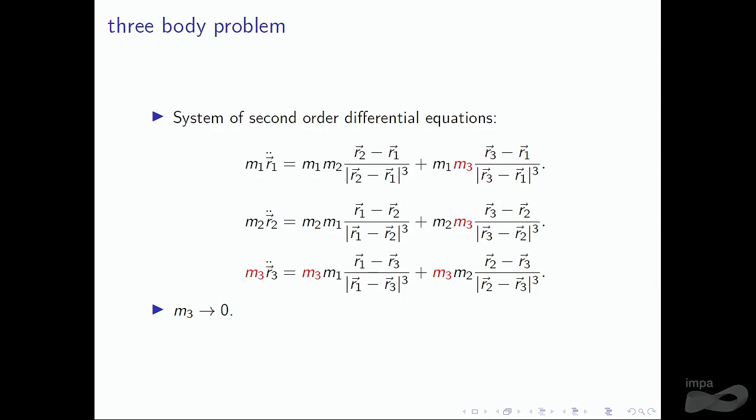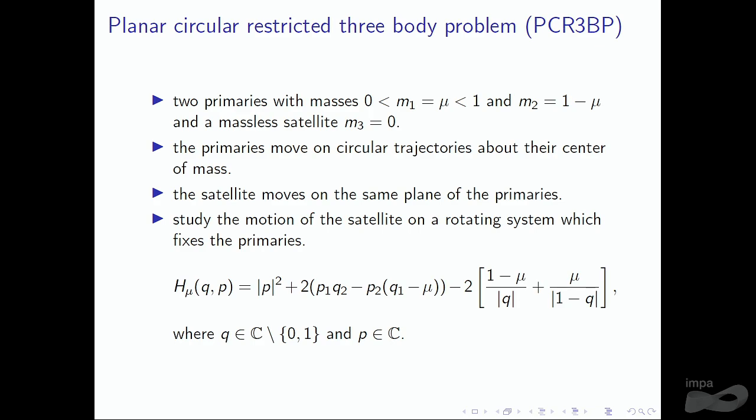So we use a rotating system which moves together with M1 and M2, in such a way that with respect to this rotating system, M1 and M2 stay at rest, and then we look at the equations of motion of M3 with respect to this rotating system. And now, it's very interesting because it does not depend on time anymore. So it's a time-independent Hamiltonian system, which depends on that parameter, which is the mass ratio between M1 and M2.